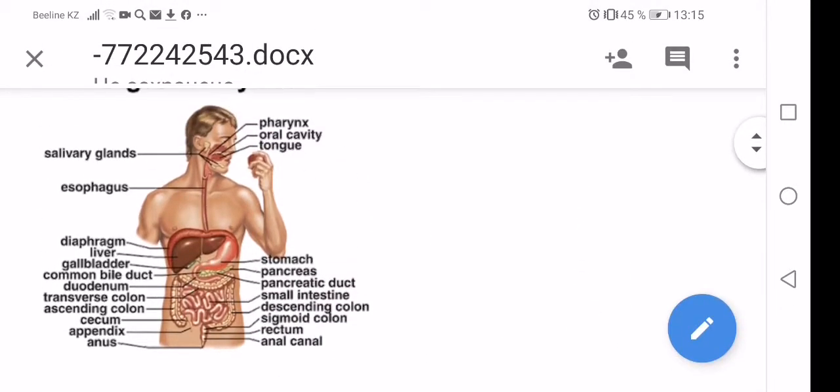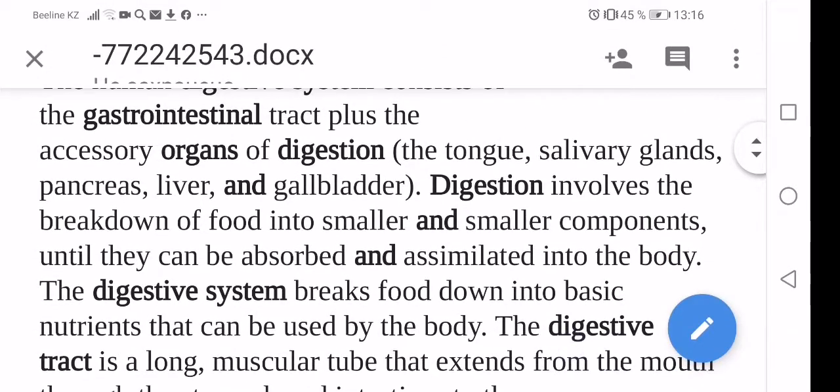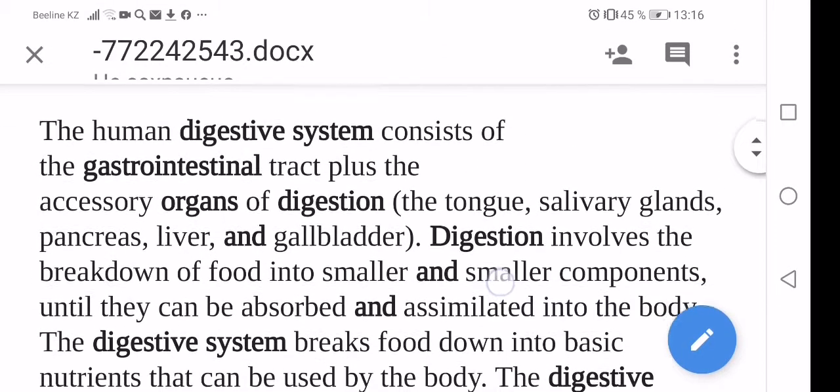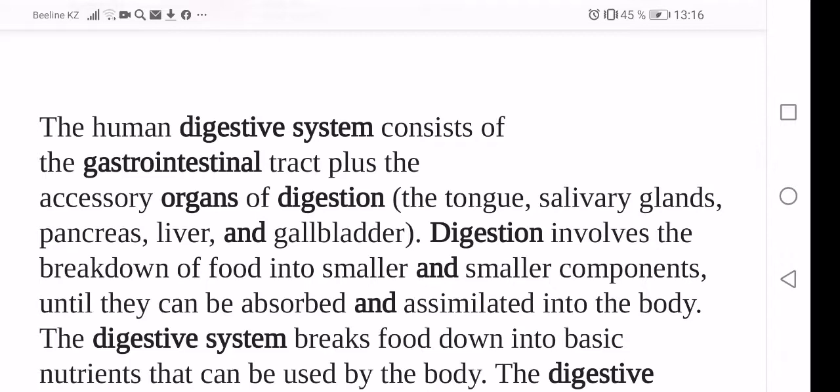On this picture you can see the structure of the digestive system. So, the human digestive system consists of the gastrointestinal tract plus the accessory organs of digestion: tongue, salivary glands, pancreas, liver, and gallbladder.